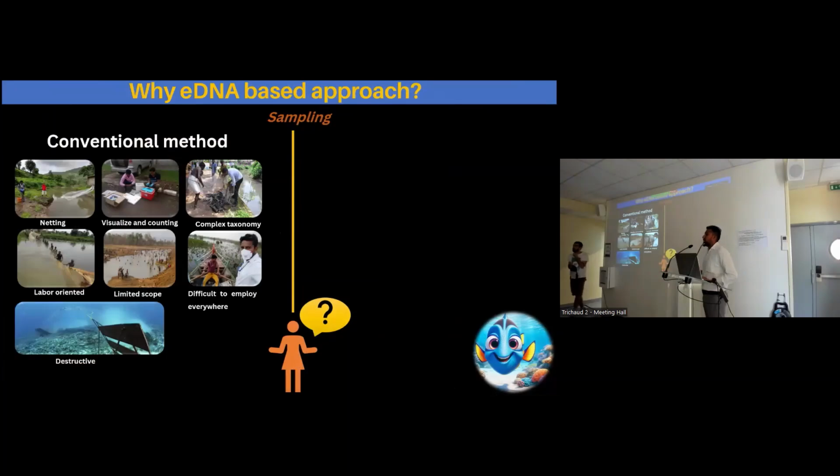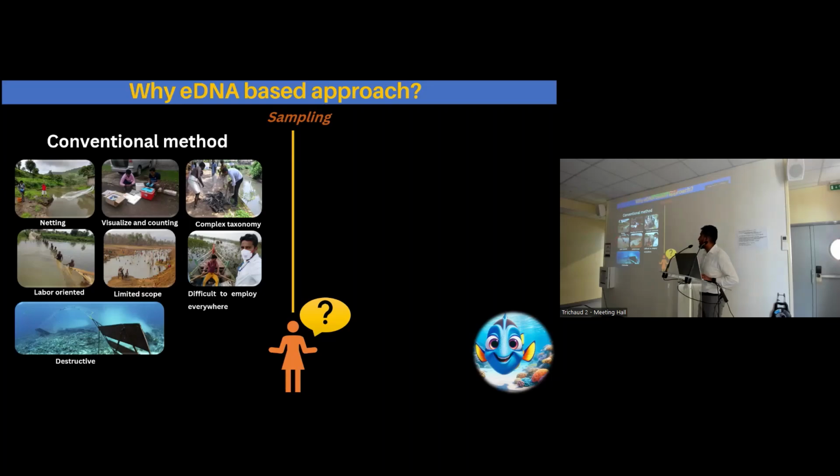So how can we manage? Monitoring these wide resources using conventional methods may not keep pace with the ever-changing aquatic ecosystems, because these methods rely on visual observation and counting, and are laborious and often destructive.